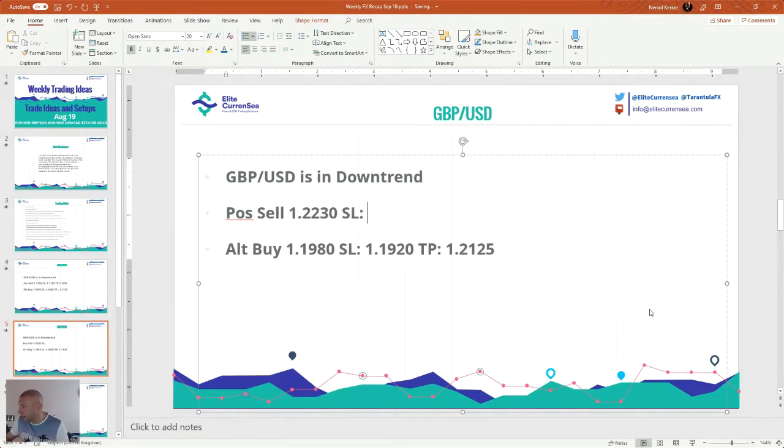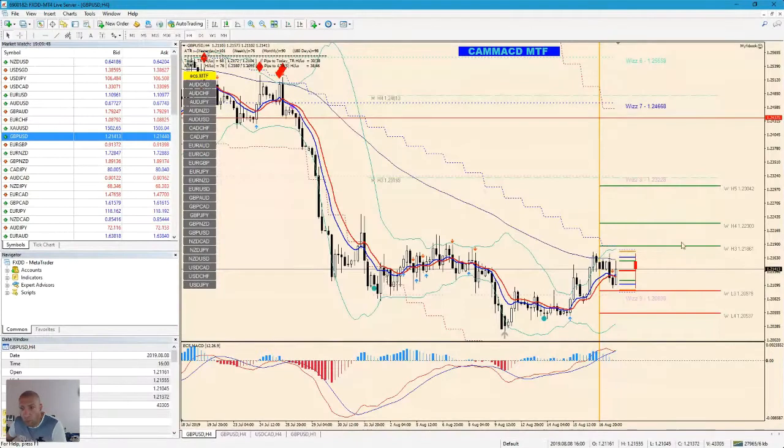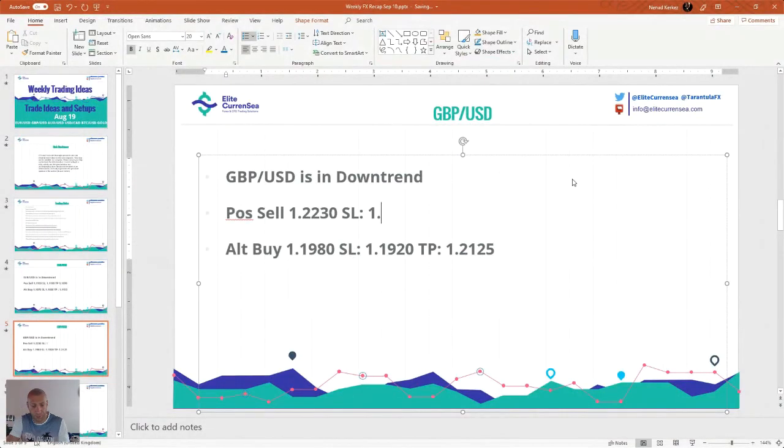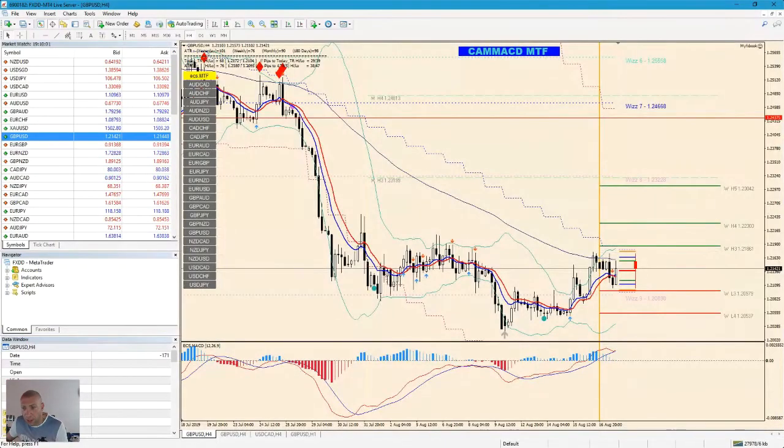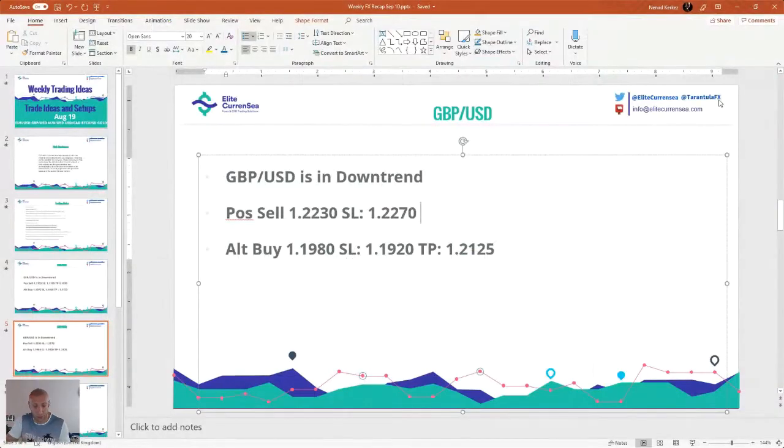Stop loss is, yeah, we need to go with a tight stop here above this candle, 1.2270. And the target for this move is 1.2090. This is a level number 9, and it's also weekly confluence, so I wouldn't go below that.